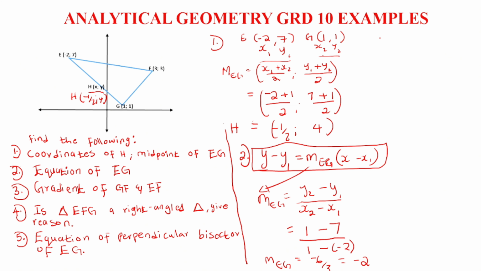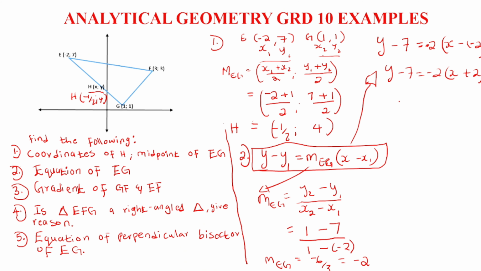So y minus 7, because it's y1 at E, is equal to our gradient, minus 2, times x minus x1, which is minus minus 2. Y minus 7 is equal to minus 2 times x plus 2.